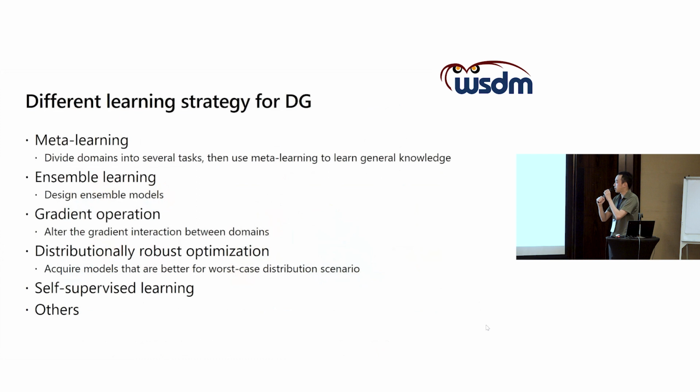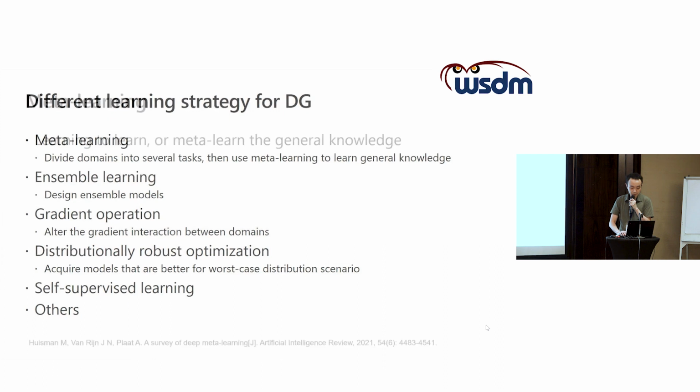Besides meta-learning, we can also utilize ensemble learning. The third type is to learn generalized models, maybe through gradient operation, which I'm going to introduce later. One can also consider distributionally robust optimization as well as self-supervised learning. Next, I'm going to introduce them one by one.